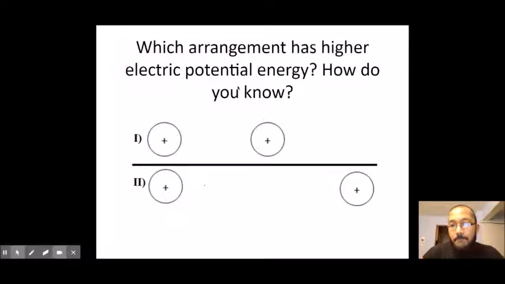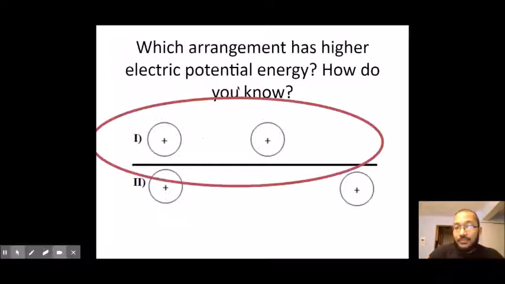What about this one? This one, the greater electric potential energy arrangement is actually when the two charges are closer. So this is the key difference between gravity and the electric force. Gravity is always attractive.